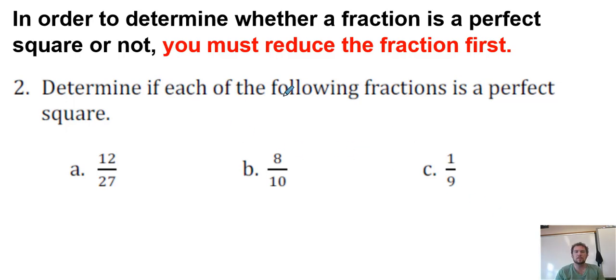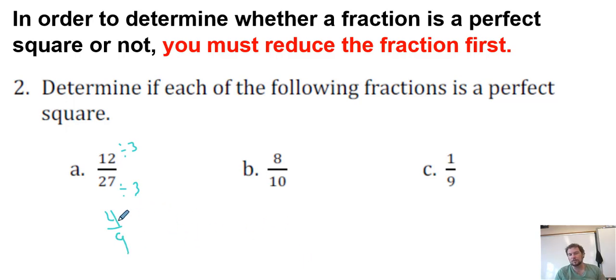If I wanted to determine if each of the following fractions is a perfect square, we need to look at our fraction, 12 over 27, and ask ourselves, can 12 and 27 be divided by something? The answer is yes, they can both be divided by 3. 12 divided by 3 and 27 divided by 3 is 4 and 9.